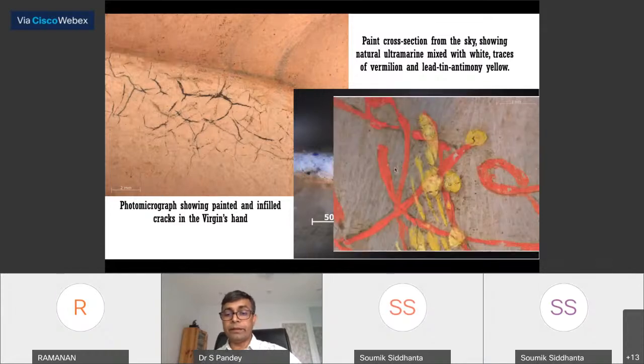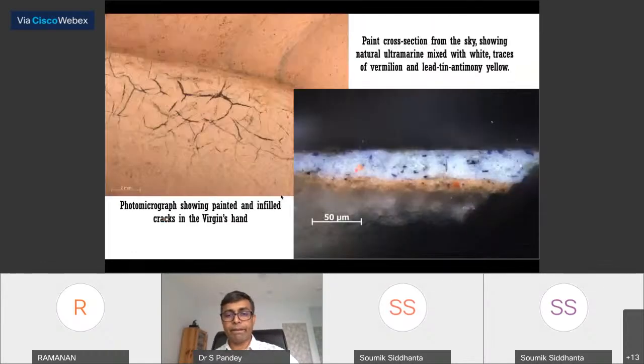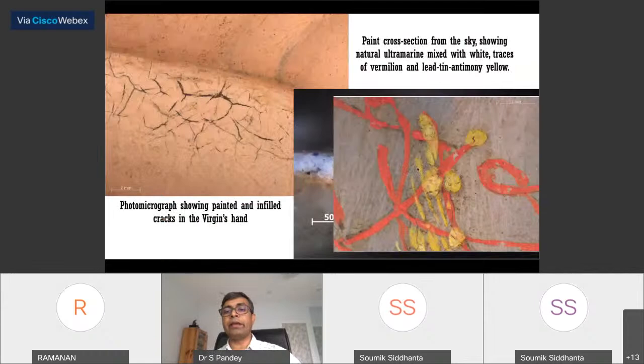Again, the yellow pigment that you see here, and if I show you in the original, this was the area I'm talking about. This is a kind of embroidery that was painted on the dress, and these were again analyzed to be lead tin antimony yellow, which was again not of that period, and therefore it was concluded that this painting is a fake painting.